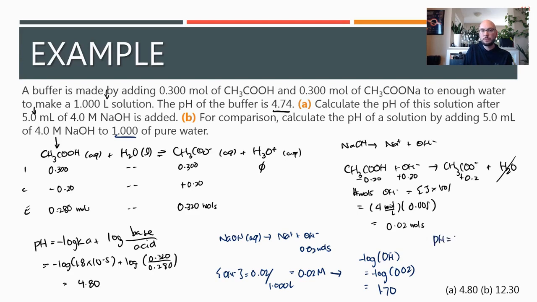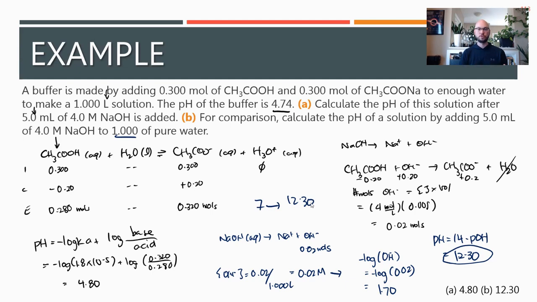So pH is equal to 14 minus pOH. So we subtract from 14, and we get 12.30. So we can see that the addition of that same amount of sodium hydroxide would take a neutral solution, so 7, and change it to 12.30. So it changes it by more than 5 pH units.